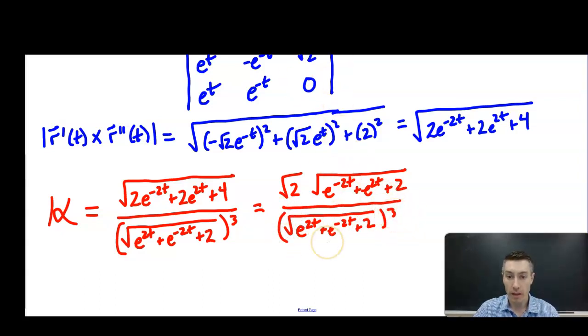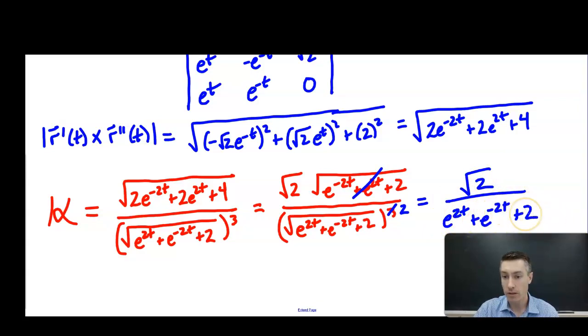And we can simplify. That's the same expression inside of the square root in both the numerator and the denominator. Right, so then we can make this to the second power, which then really means that curvature is just the square root of 2 over e to the 2t plus e to the negative 2t plus 2. And we're okay to leave it like this. We don't need to do any manipulation, factor, because we've eliminated the square root there.